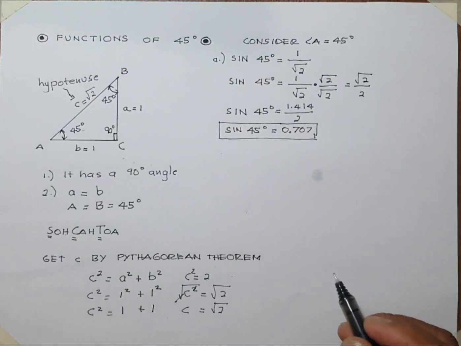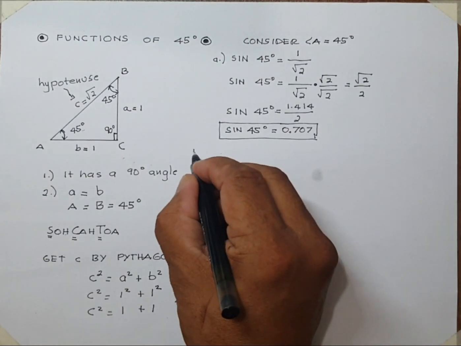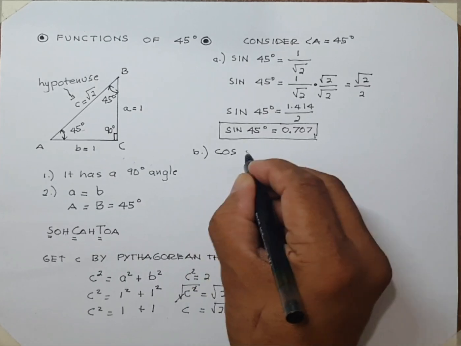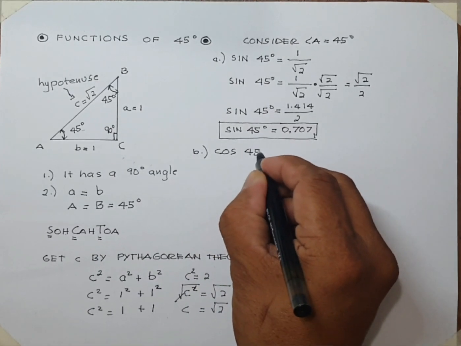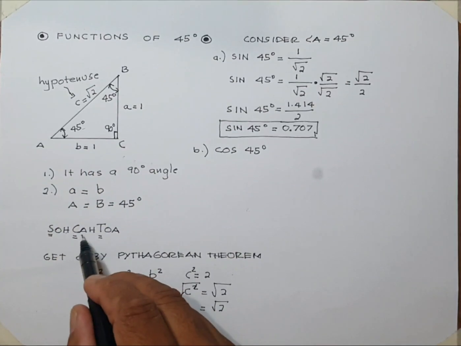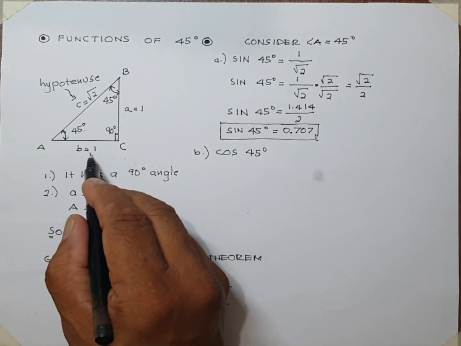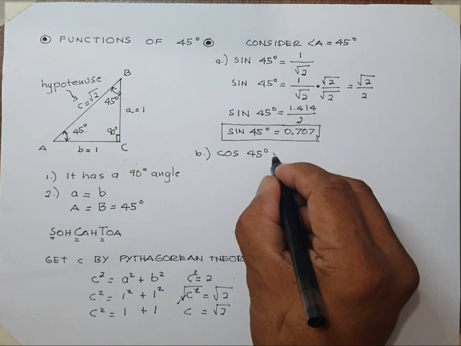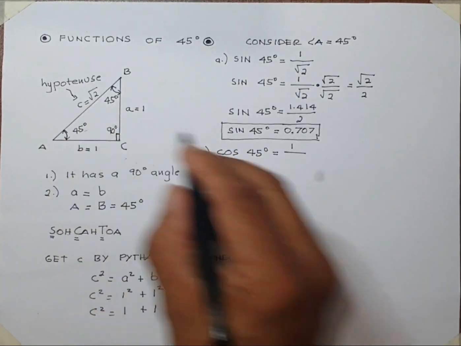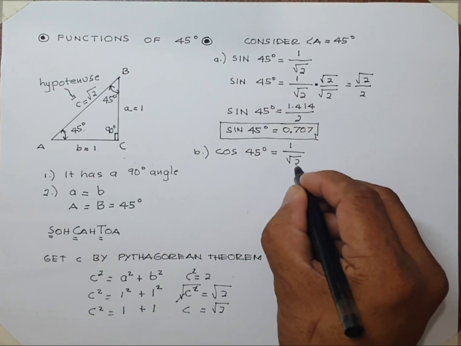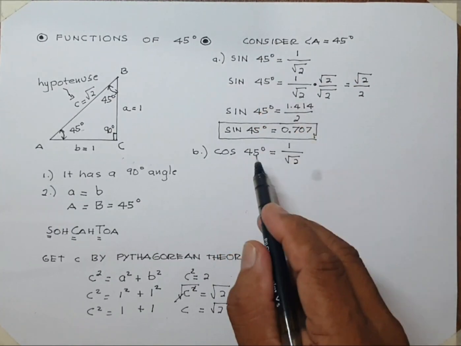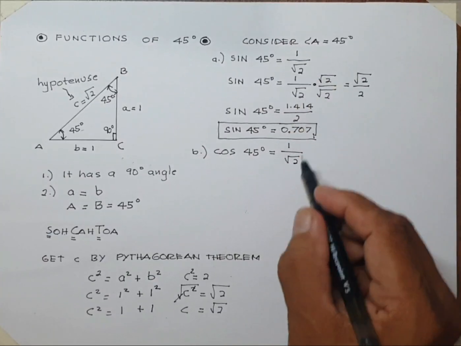Then for letter B, we take the cosine of 45 degrees. Cosine of 45, CAH, adjacent over hypotenuse. The adjacent is 1. And the hypotenuse is square root of 2. And you will notice that the sine of 45 degree angle is the same as its cosine.